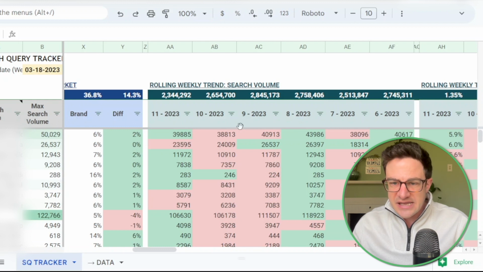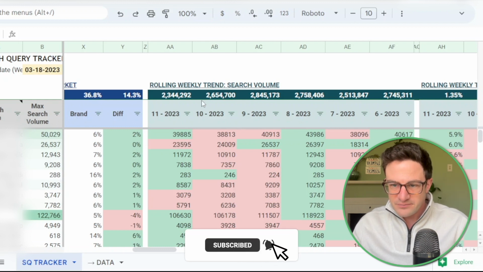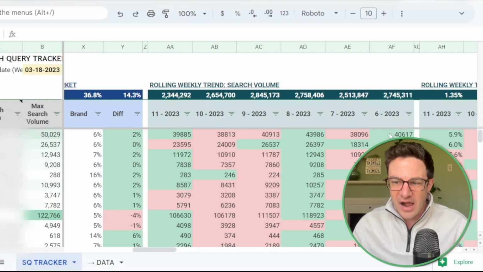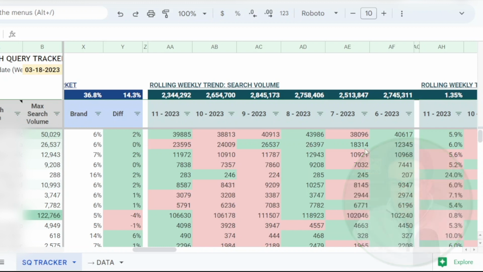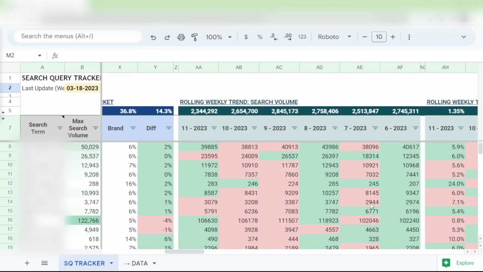So we can see here that as time is going on, search volume is changing a good amount for search terms. And this is also a pretty year-round safe search term. But I mean, if you look at some of these big swings here, right?